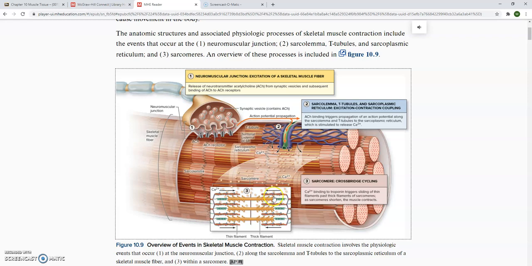And then if we don't have this cross-bridging between the myosin heads of the thick myofilaments and the actin of the thin myofilaments, then our muscle will relax. So all those sarcomeres will relax and cause the whole skeletal muscle cell to relax. So that is just the steps that would cause skeletal muscle relaxation.